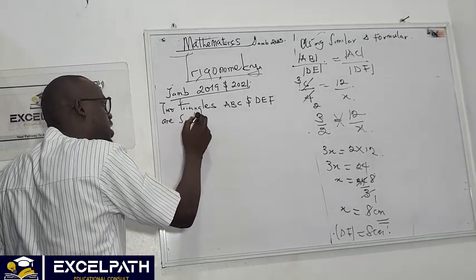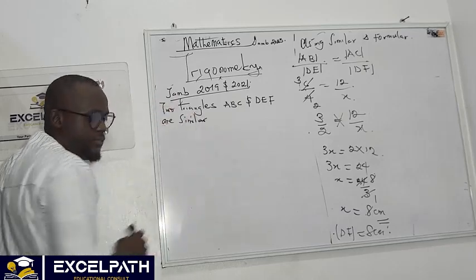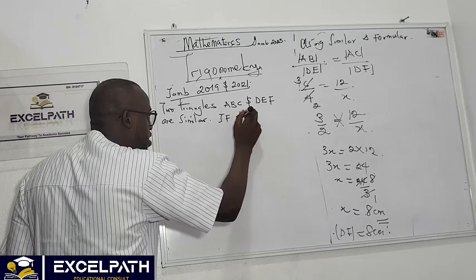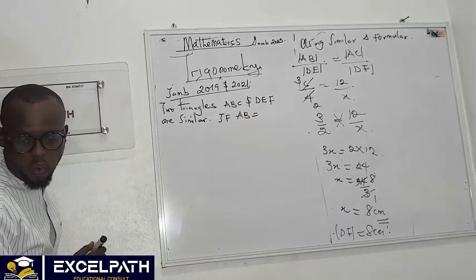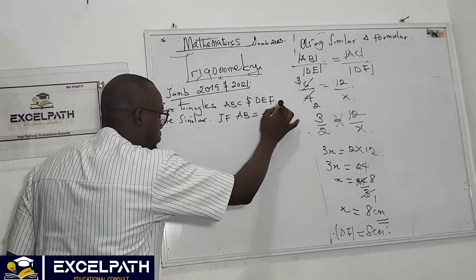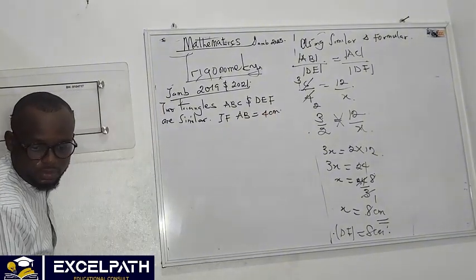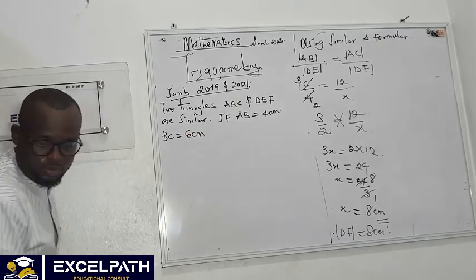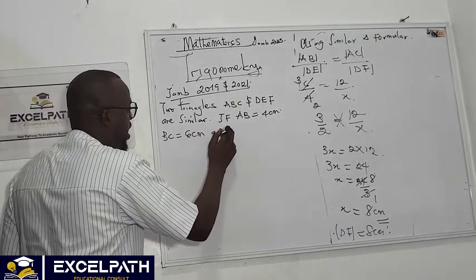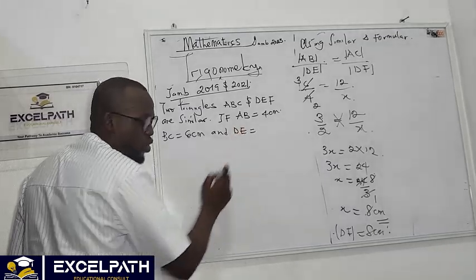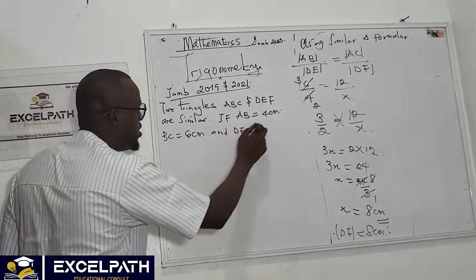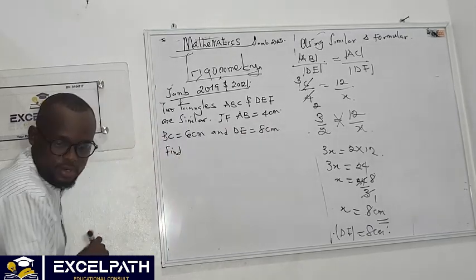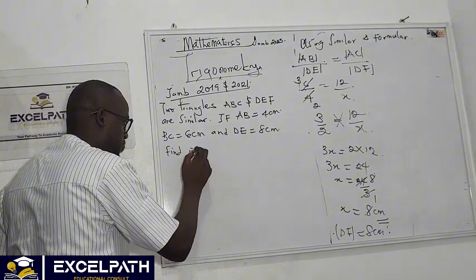The more they tell me they are similar. If AB is equal to 4 cm, BC is equal to 6 cm, and DE is equal to 8 cm, find EF.